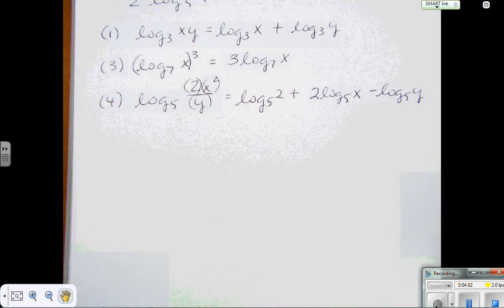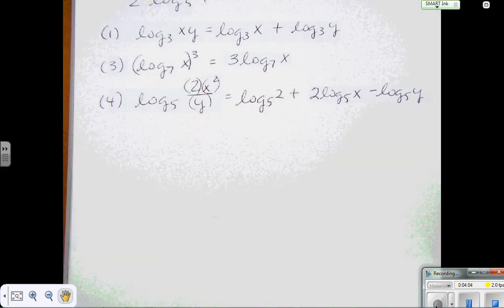Okay, you guys try number 5, and I'll do it up here. Expand number 5.